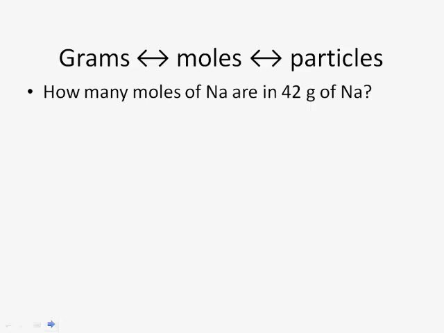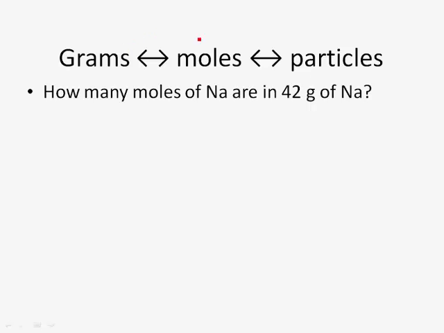However, these are not so easy to measure, especially in a regular chemistry lab like ours. And so we need a connection between what we care about and what we're able to measure. We can very easily measure mass in grams. And so what the mole does is it is a connection between grams of a substance and the number of particles.